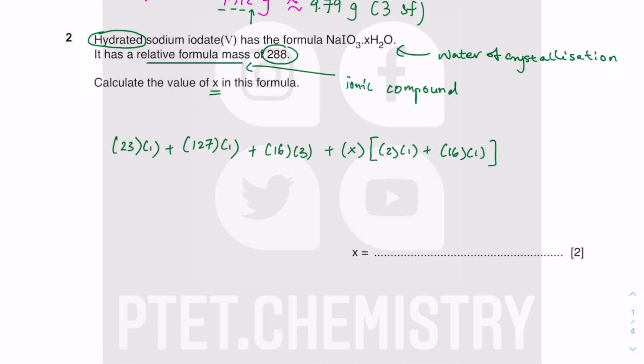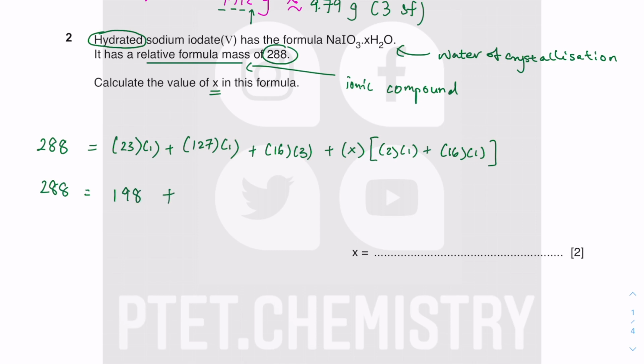Very important to use the bracket like that. And this is equal to 288, by summing the individual relative atomic masses, including X number of H2O for 1 NaIO3. Okay, so I'm going to total them up now. 23 times 1 plus 127 times 1 plus 16 times 3 is equal to 198.